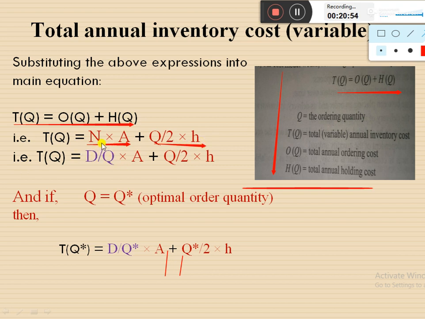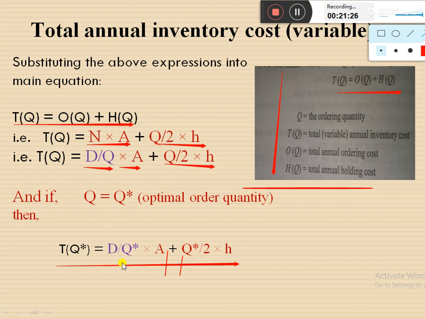N can be calculated by using this expression D by Q into A. And for annual carrying cost, the expression would be Q by 2 into H. And if Q is equal to Q star, that denotes the optimal order quantity, in that case, the formula of total inventory cost would be expressed as follows.